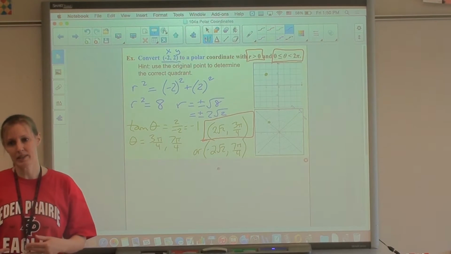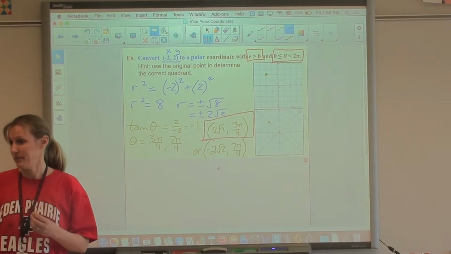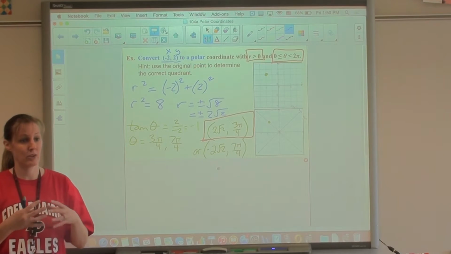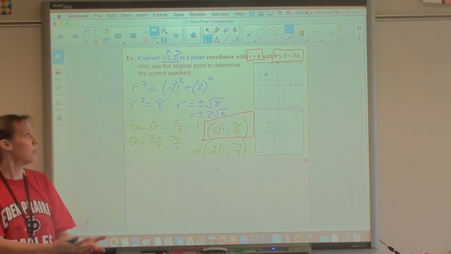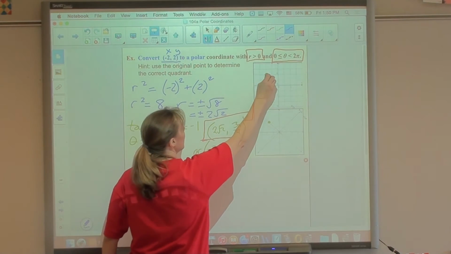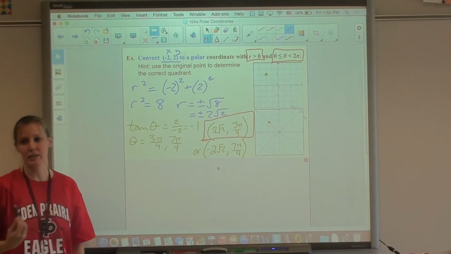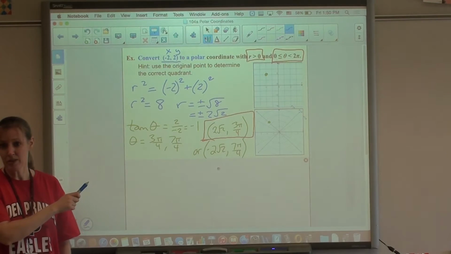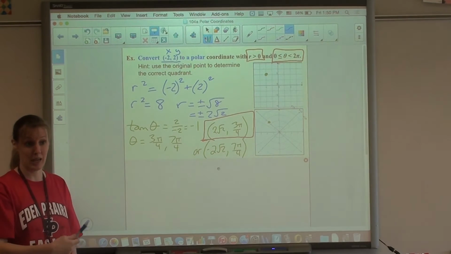Rectangular coordinates are unique. Every point on the rectangular coordinate plane, there's only one way to write it, right? The point negative 2, 2 is here, and there's no other name for that point. However, in polar world, there's infinitely many names for the same point.